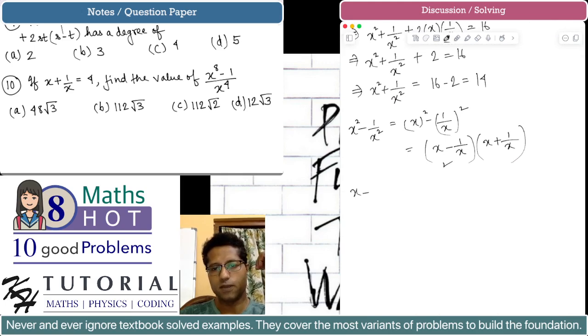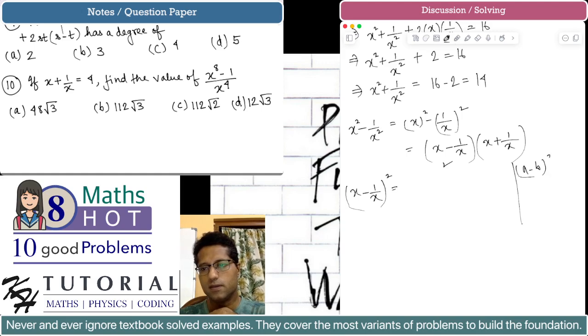Now x minus 1 by x square is equal to, you must be familiar with this, a minus b whole square is equal to a plus b whole square minus 4ab.